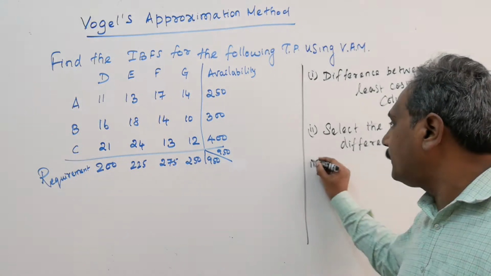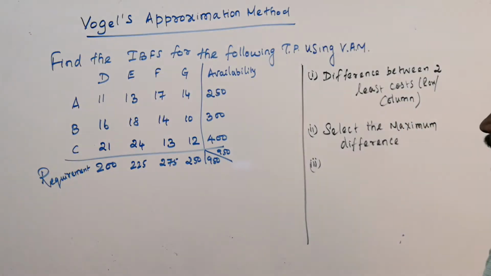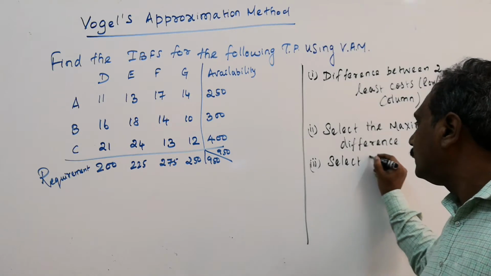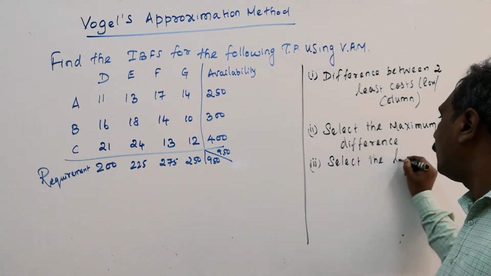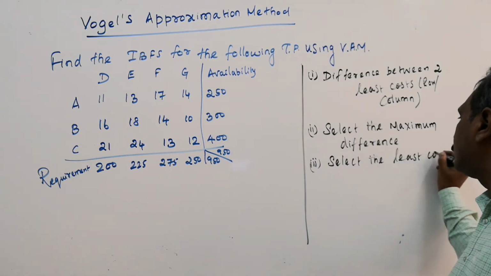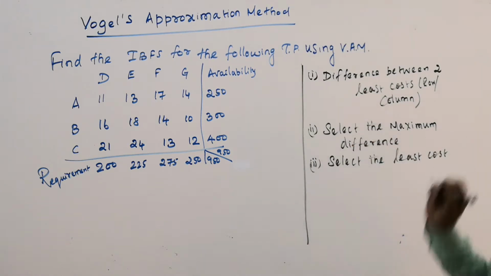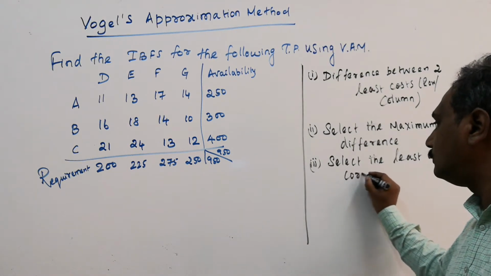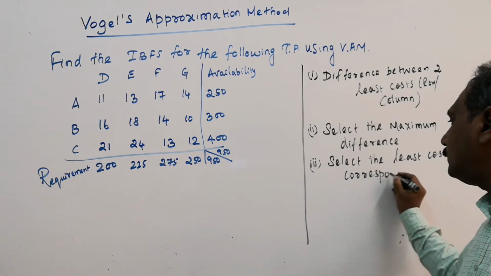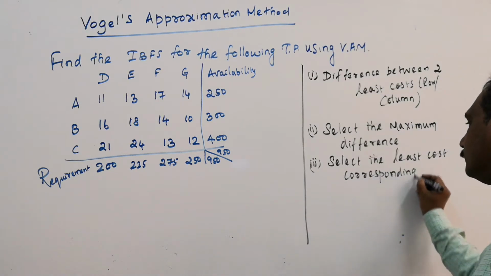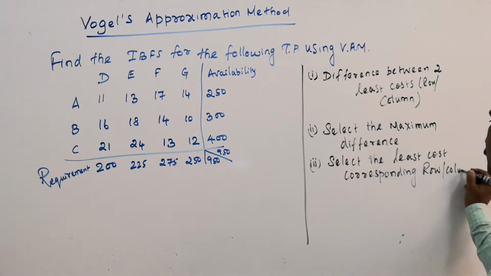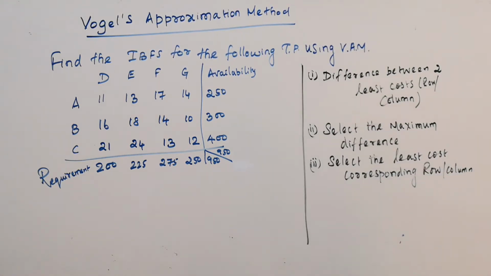In step 3, we are going to select the least cost in the corresponding row or column, maybe on the column or on the row. And we are going to use the last idea.